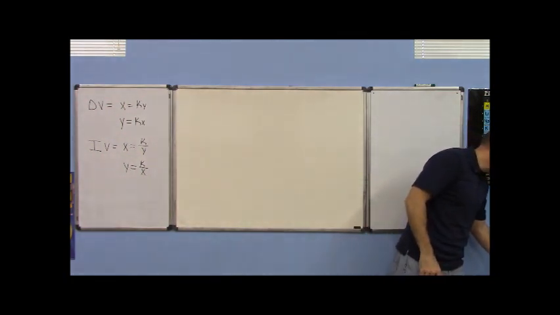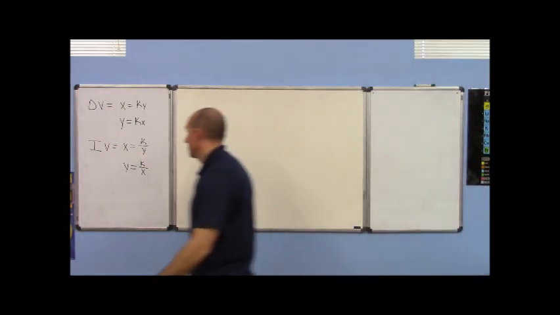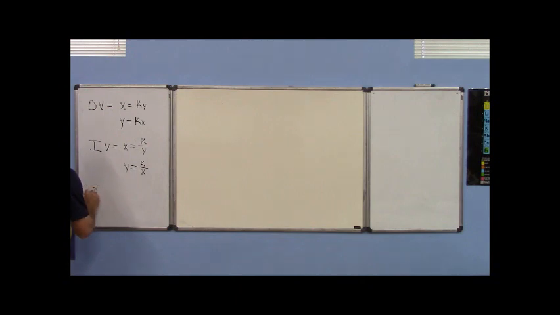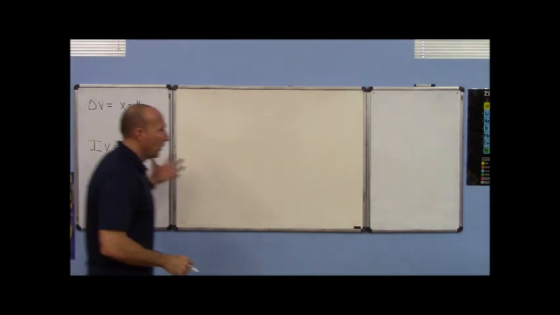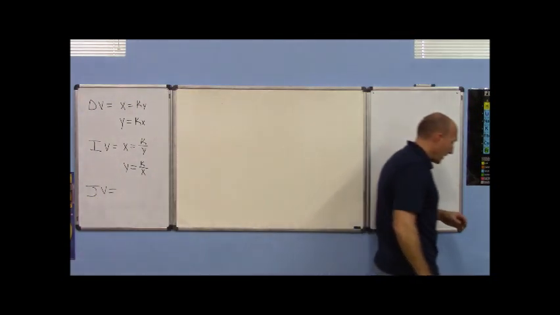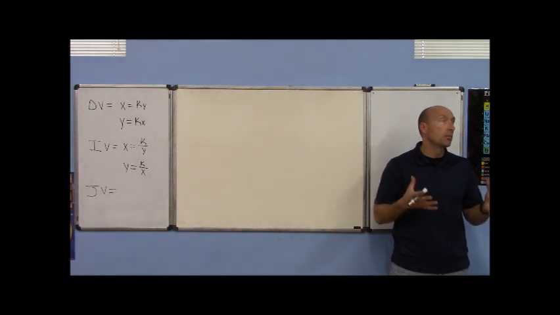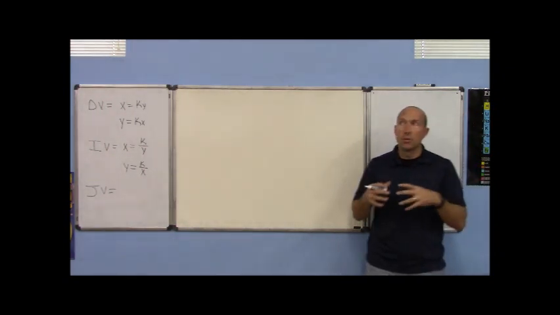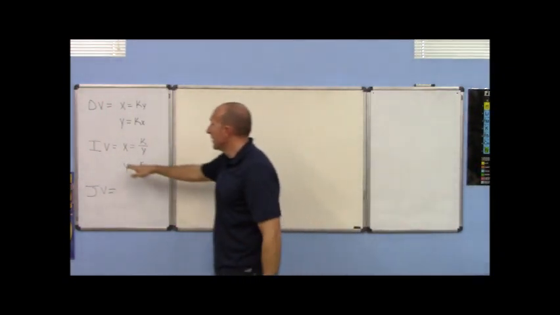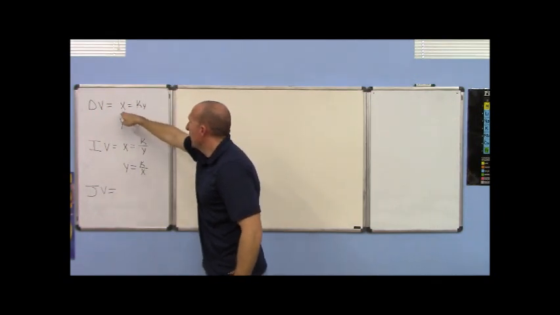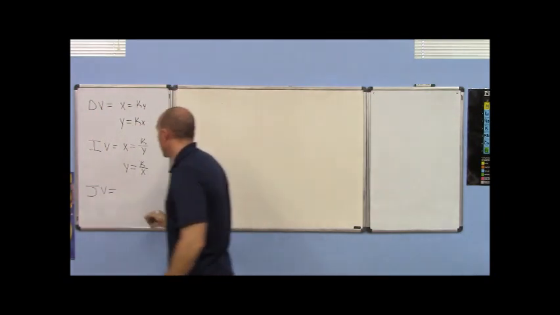Then we have combined or joint variation. JV for joint variation. This occurs whenever both of these apply. There are more than 2 variables involved. Okay, more than 2 variables involved. Here they're interacting with each other. X acts directly with y.